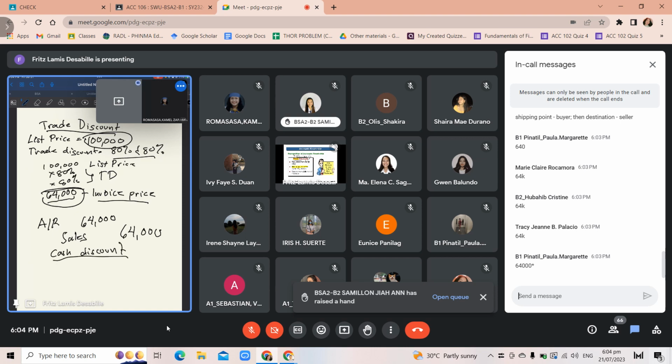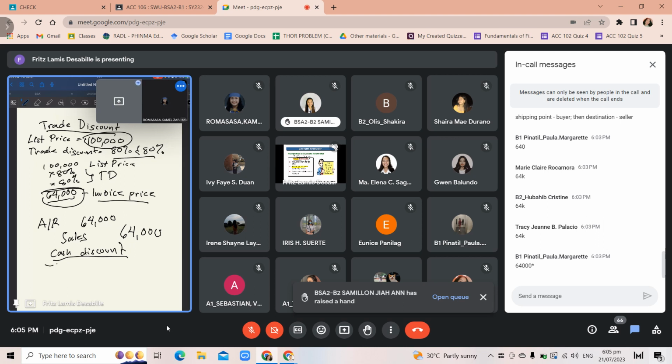Now, when we talk about cash discounts, guys, this is granted, not paid, to customers for prompt payment.